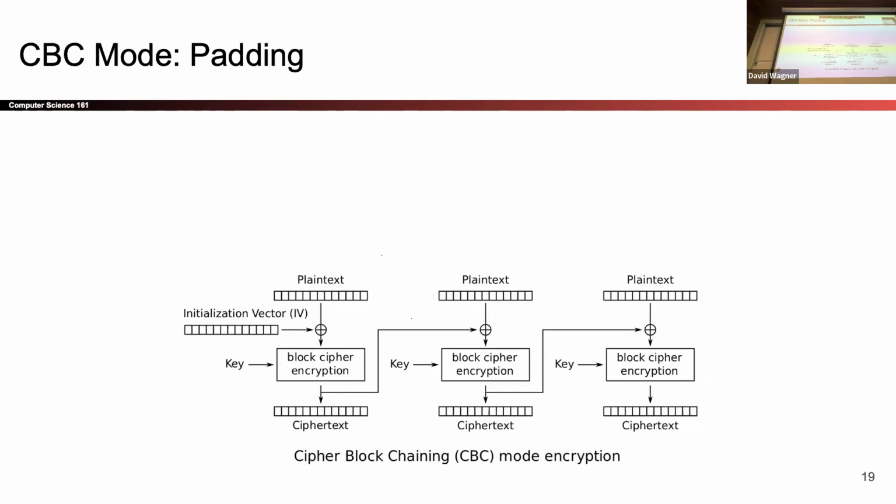How does the recipient decrypt and know how many garbage bytes to remove? Look at the very end of the decrypted message, look at that last byte, and that number will tell you how many bytes to remove. So both of your suggestions would work.